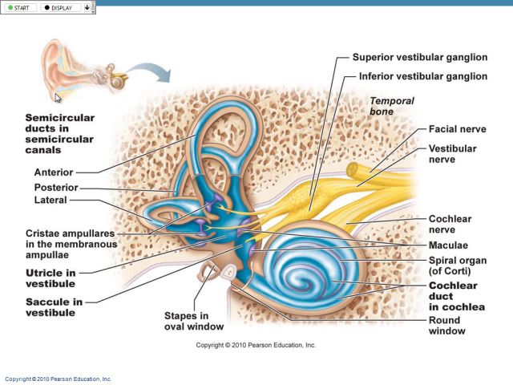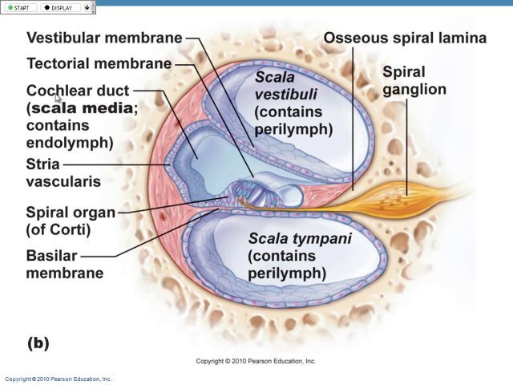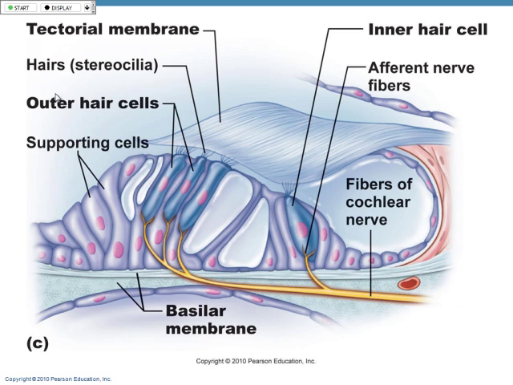So I push on the stapes, I set up fluid waves within those canals. That fluid's going to flow by the organ of Corti. As it flows by, it's going to move that tectorial membrane, and that is the mechanical stimulus to fire off our receptors. Where is the fluid actually moving?